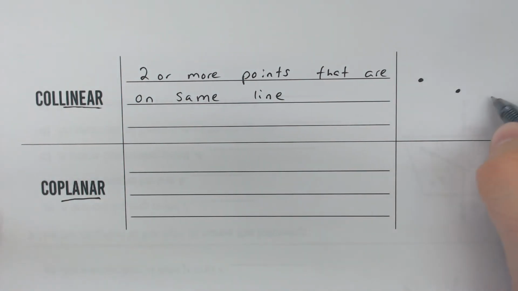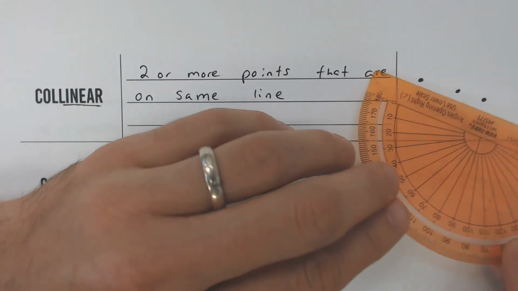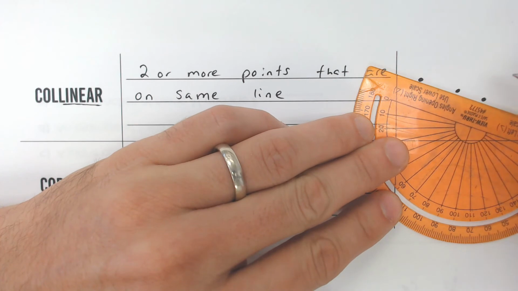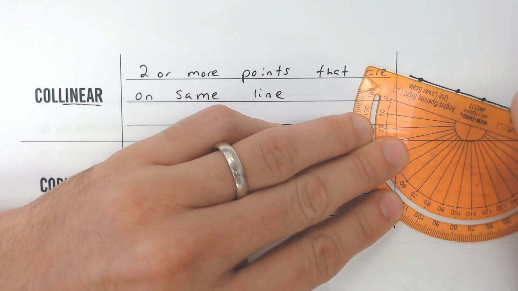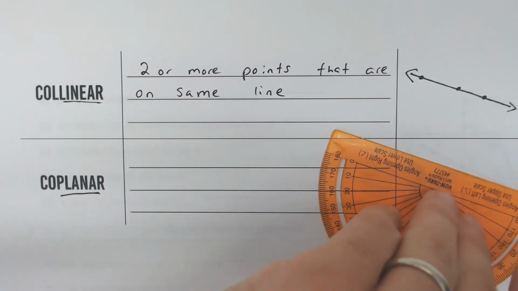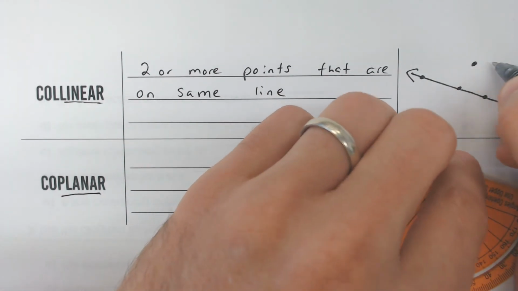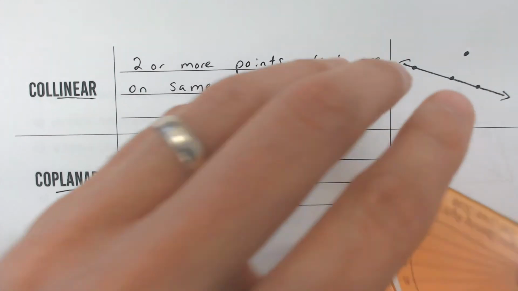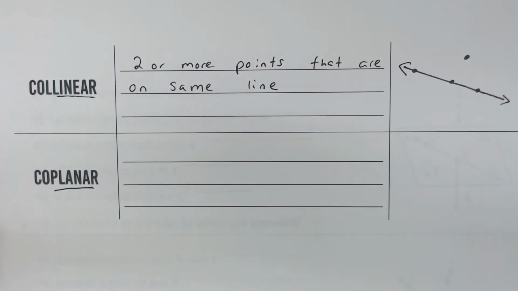So I'm going to draw a point here, and a point here. And I'm going to just connect them. And these 3 points that I just drew, they would be what we would call collinear. Now, if I had a fourth point way over here, that point is not going to be collinear with the other 3 because it's not going to be on the same line.